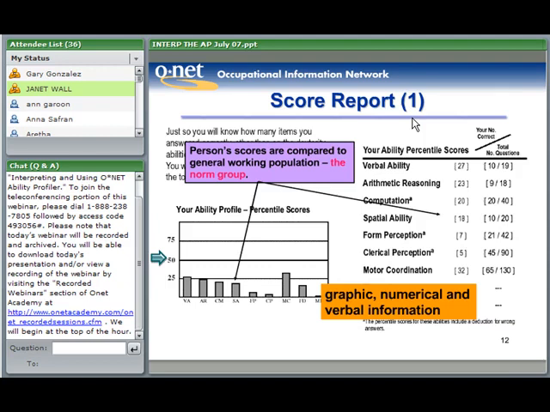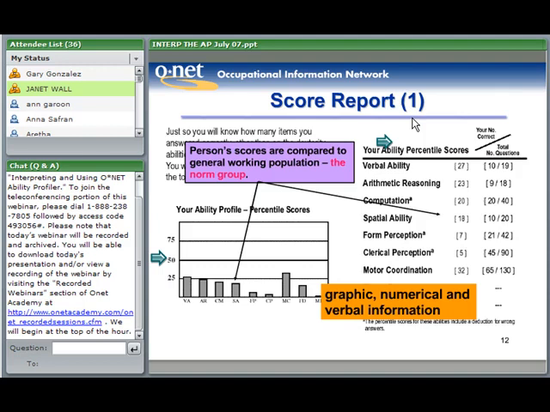So we have the bar graphs on the left-hand side, and also it provides verbal information and numerical information, which you see on the right-hand side. And so what is generated are the person's scores compared to what's called the general working population, or the norm group. And we're going to go over the characteristics of that norm group in a few more slides.